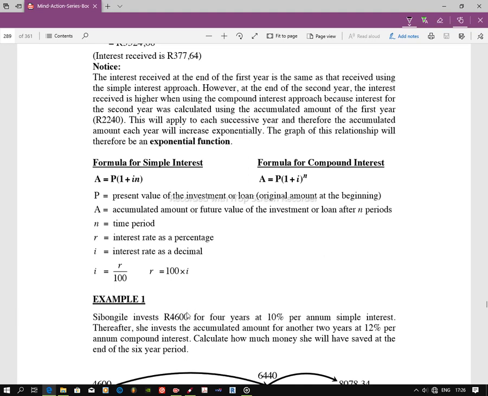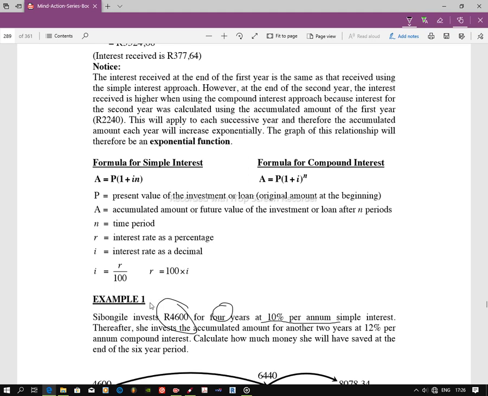So she invested 4,600 for 4 years, and the interest rate is simple interest, 10% per annum.